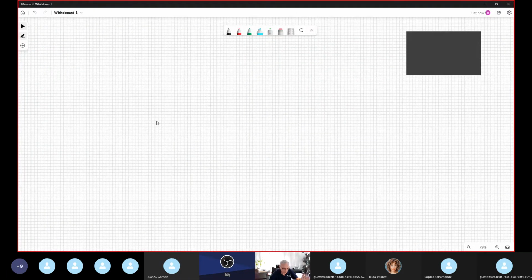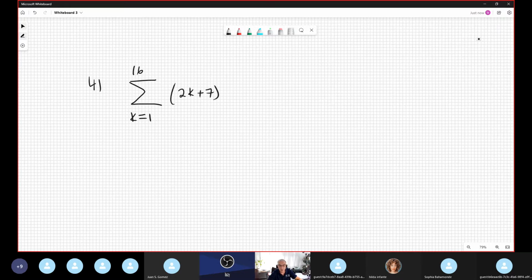Question number 4. It's another different topic. Question number 4 is summation. Find the sum of this sequence. It is summation notation from k equal 1 to 16 of the parenthesis 2k plus 1.